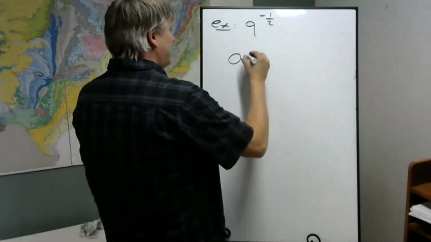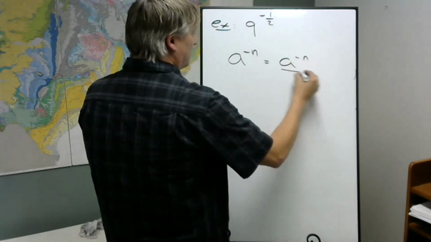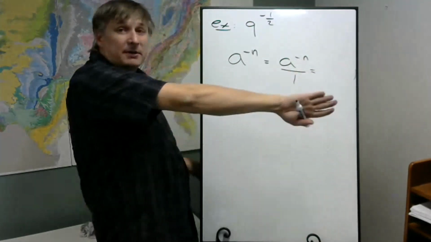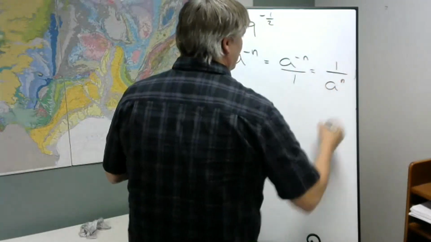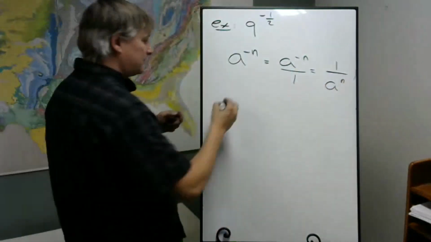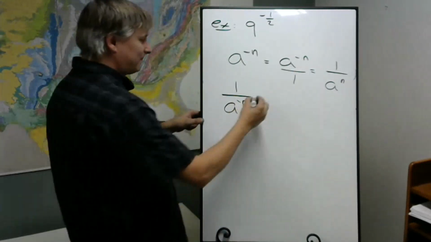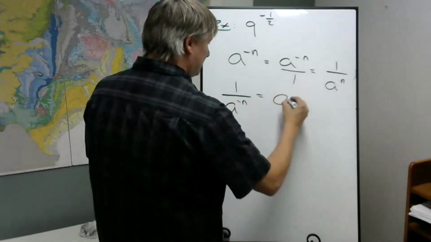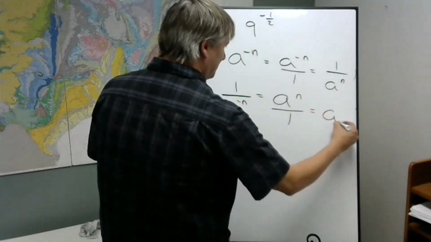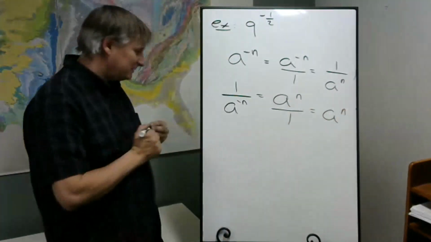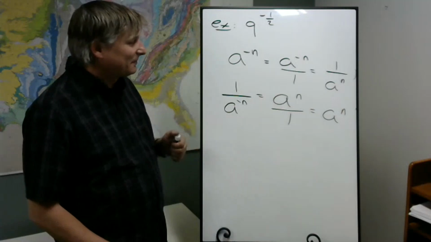So if we have a to the minus n, this is a to the minus n over 1, then we flip it to get rid of the minus. Likewise, a minus down here, we flip it to get rid of the minus. And that's going to be it.